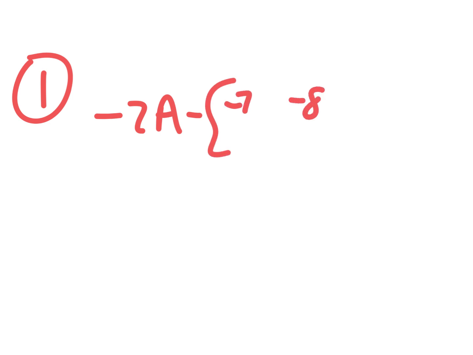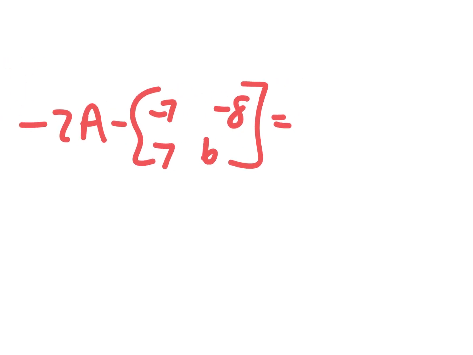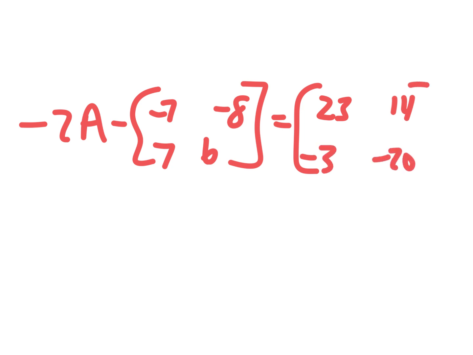Number 1, -2a minus [-7, -8, 7, 6] equals [23, 14, -3, -20]. Thank you. All right. Now, the first thing you'd want to do here is what?